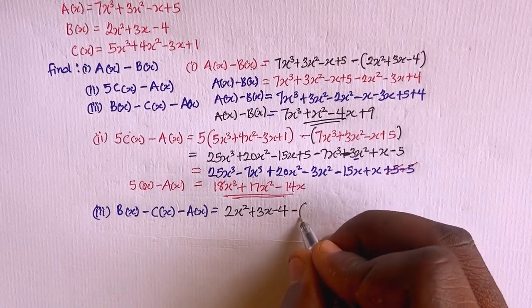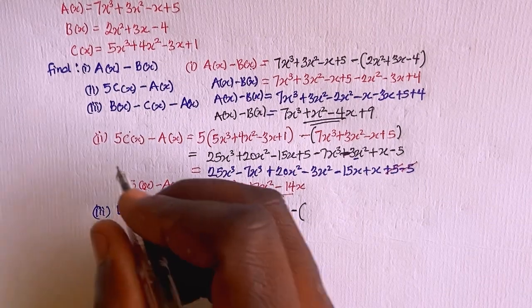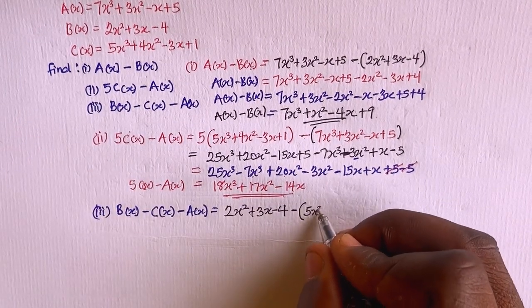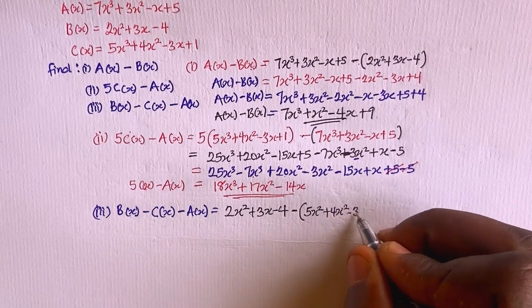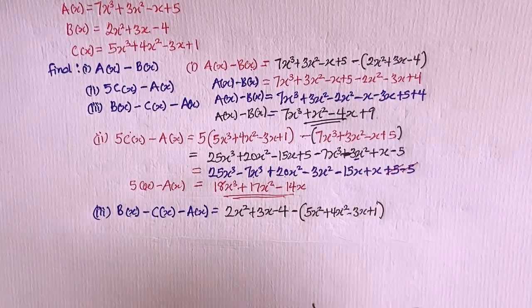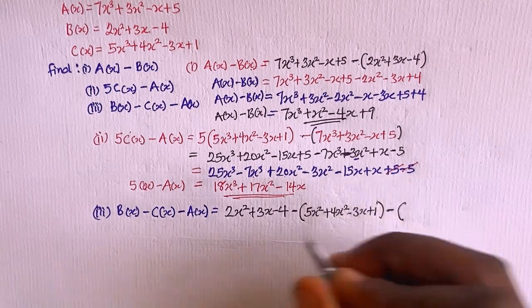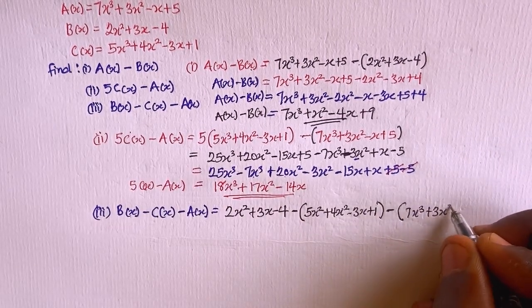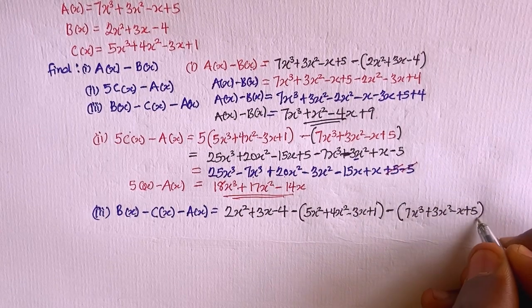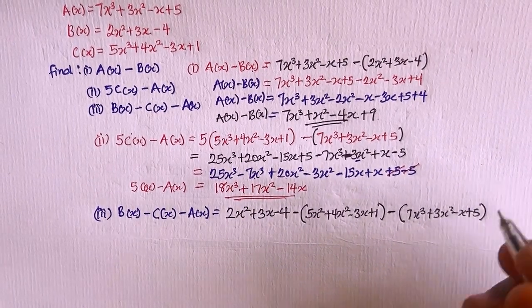Then you have minus, open a bracket, for your c of x, which is 5x cubed plus 4x squared minus 3x plus 1. Then after that, you have minus a of x, which is 7x raised to the power 3 plus 3x squared minus x plus 5. Right? So now, let's go ahead and simplify this.